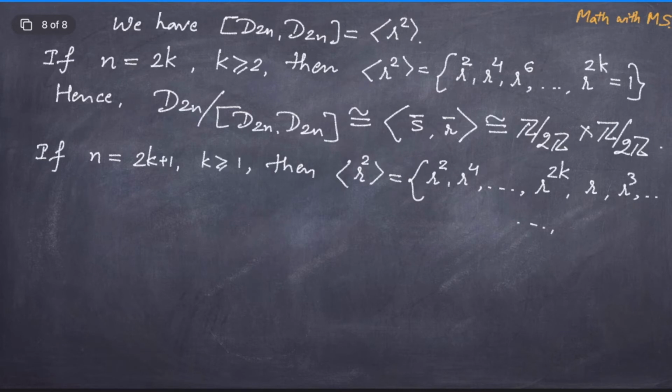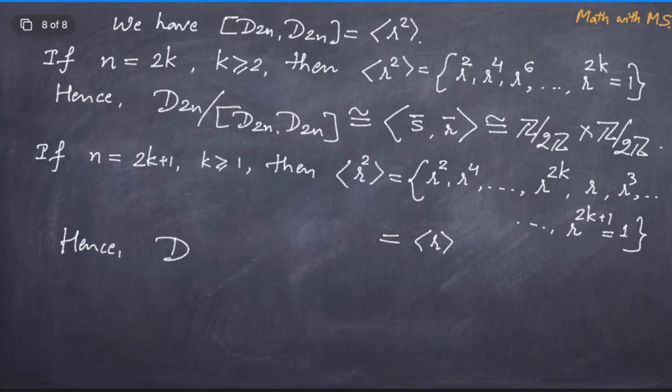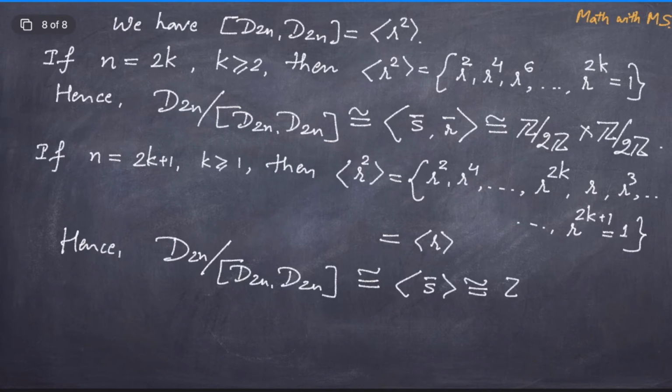So you will get all the elements of the cyclic subgroup generated by R. So hence in this case the abelianization D2N modulo its commutator subgroup is isomorphic to the subgroup generated by the coset of S bar, which is a cyclic group of order 2. And we know all irreducible representations for any cyclic group.